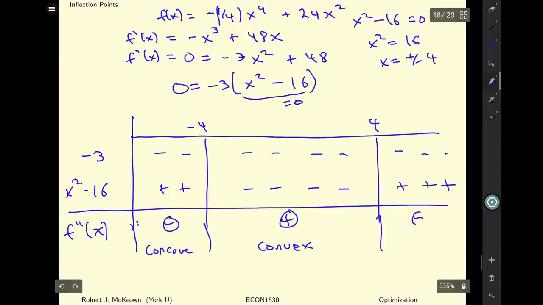And then it's negative over here, and so it's concave. And so we've got an inflection point here, and another inflection point over here.